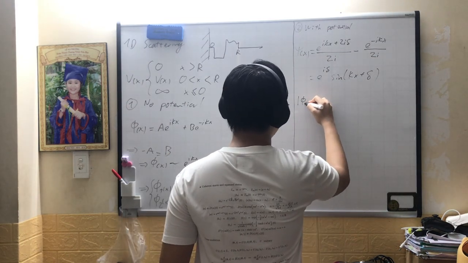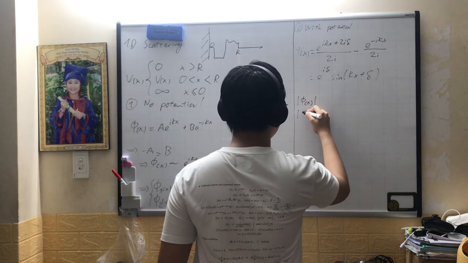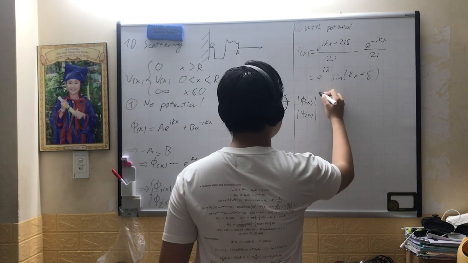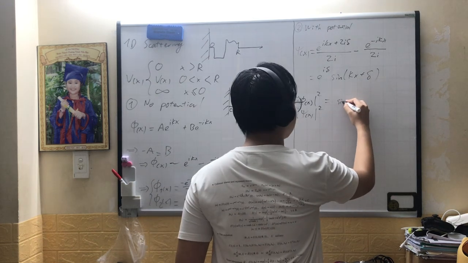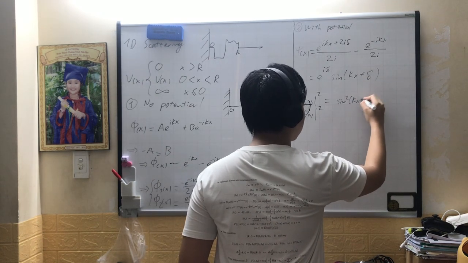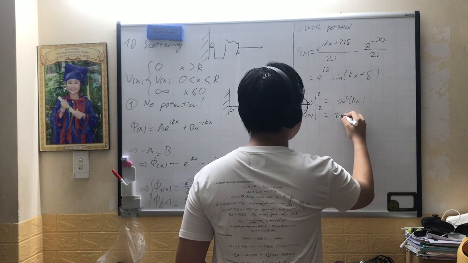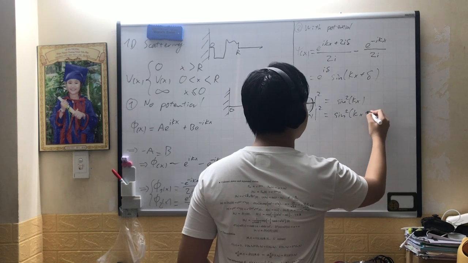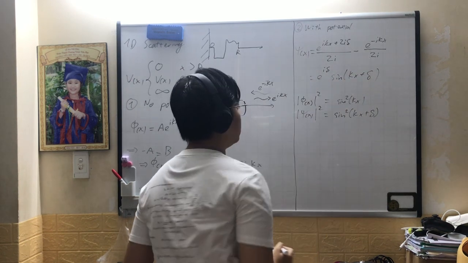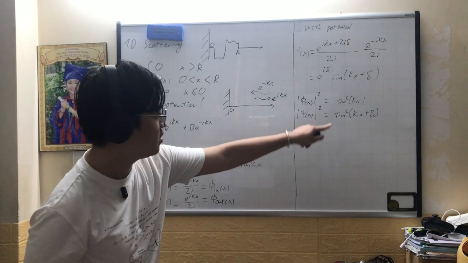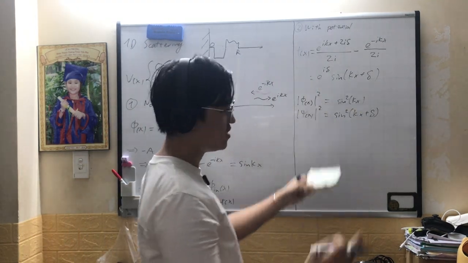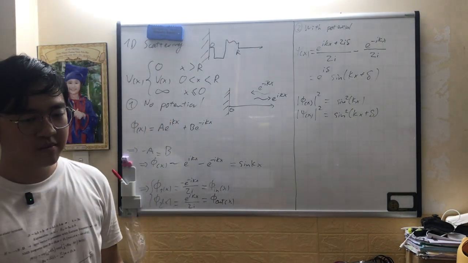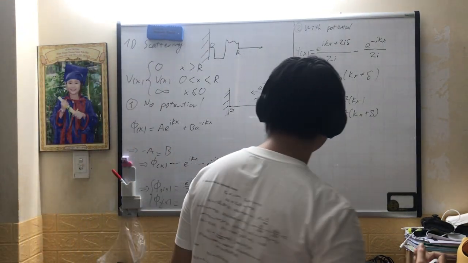So we take psi of x and square it. What you get here is sine squared kx, and this is sine squared of kx plus delta. If you don't remember, when you have something like this, it basically means that they have the same amplitude but different point of origin.